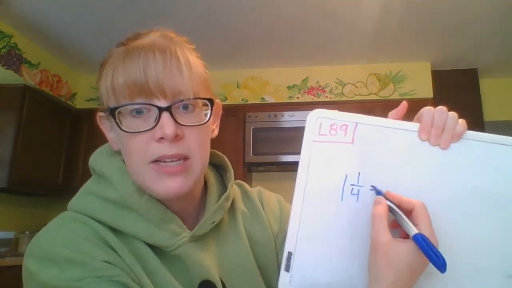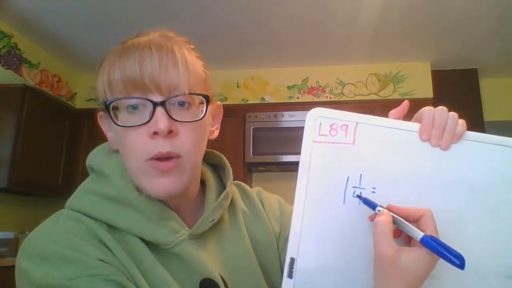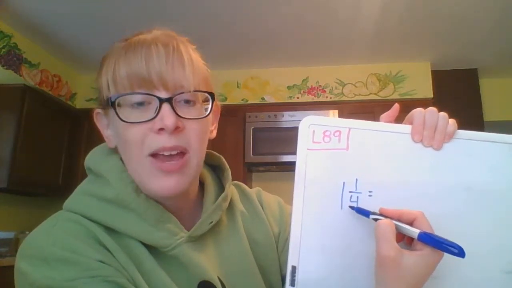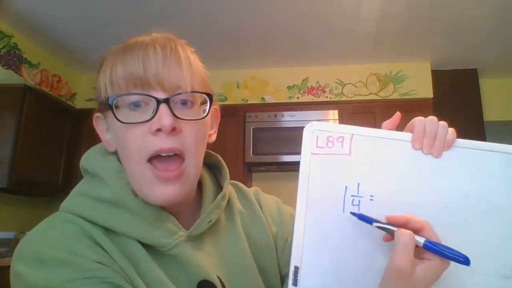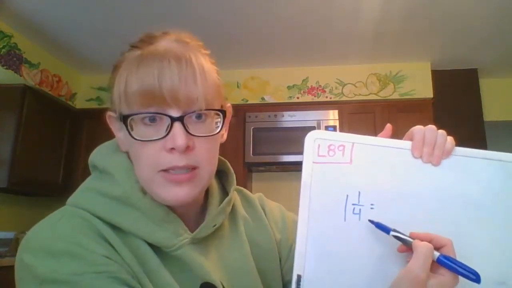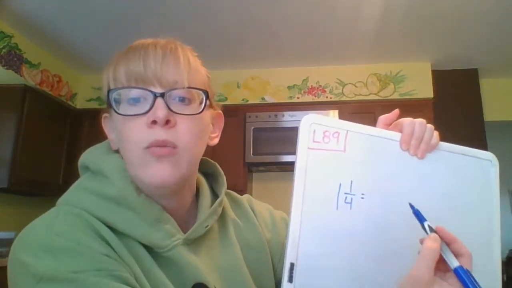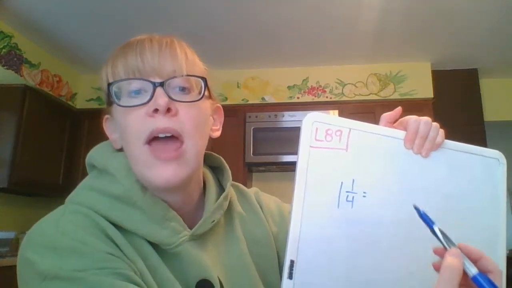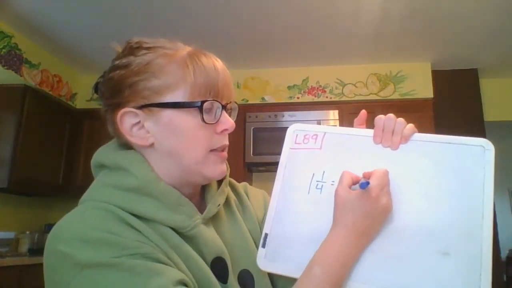When we talked about mixed numbers earlier, we said whatever that whole number is, you need to make 1 more shape for the fraction part. So if this was a 2 1/4, I'd be drawing 3 pizzas. If it's a 5 1/4, I'm drawing 6 pizzas. It's a 1 1/4, so I'm drawing 2 pizzas, 1 plus 1 extra that I'm not going to eat the whole of. So I'm going to draw 2 pizzas.